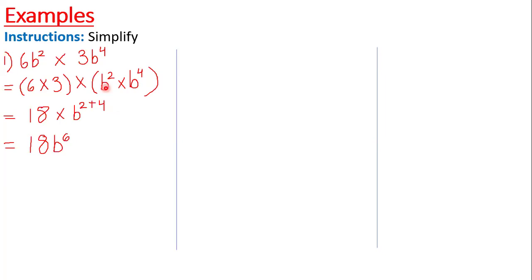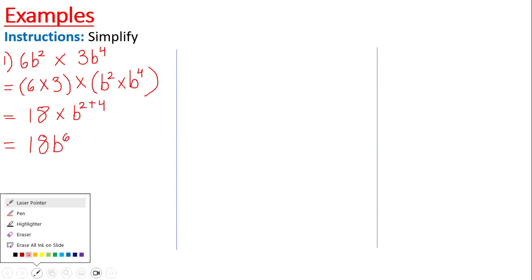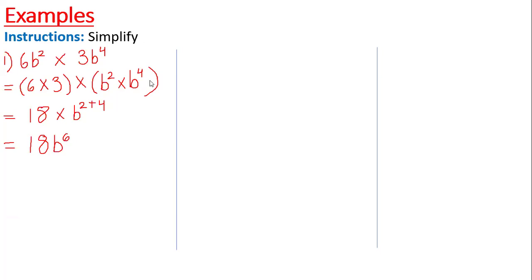All right, let's do another one. The rest of you, do y'all understand this? Let me know, please. Yes, sir. Okay, good. Let's move on to another example. This is number 2.